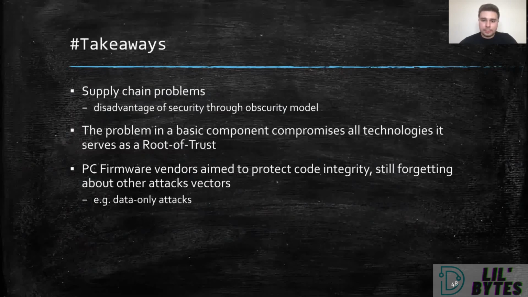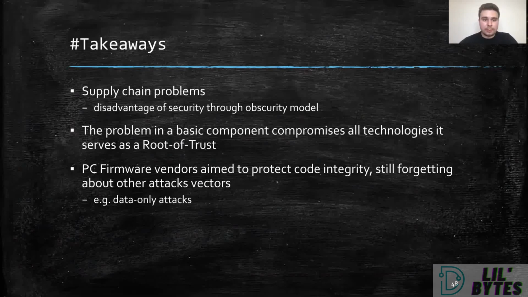So we can see supply chain problems here. Most of them are a disadvantage of the security through obscurity model. We can see that a problem in a basic component compromises all technology it serves as a root of trust.